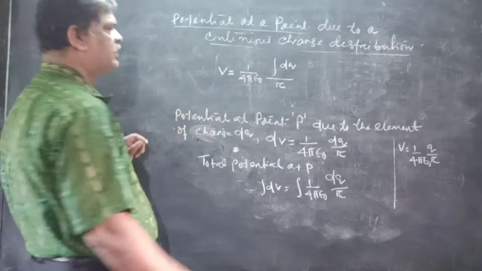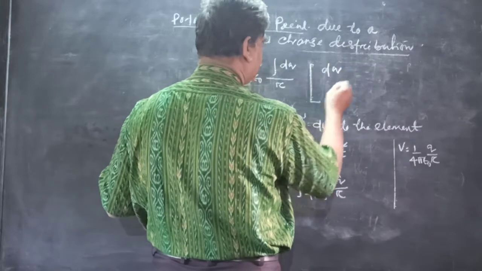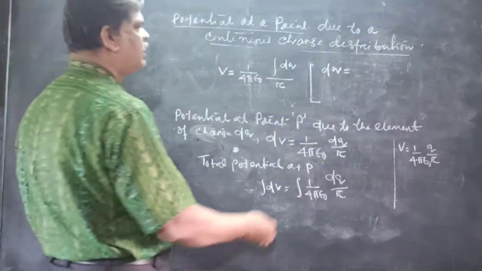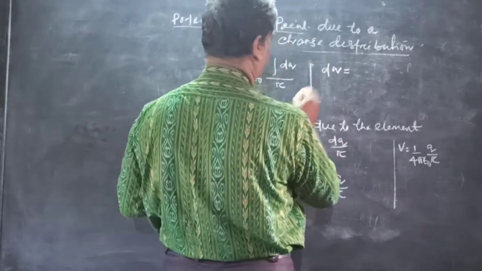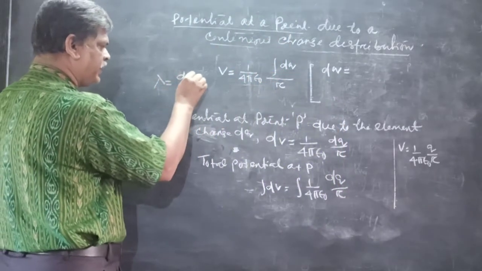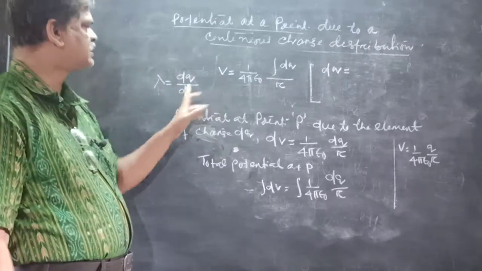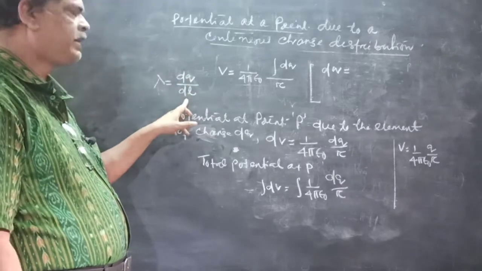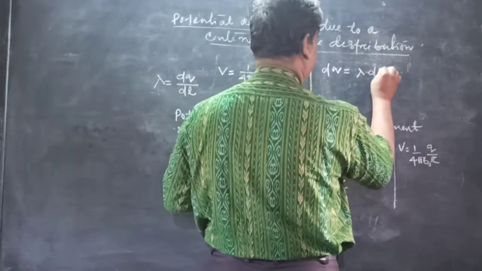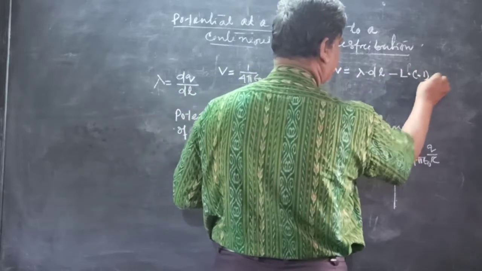Then what is dq? If it is a linear charge distribution, we write lambda is equal to dq by dl. If the charge is on a length dl, then dq by dl is lambda, so dq is lambda into dl for linear charge distribution.